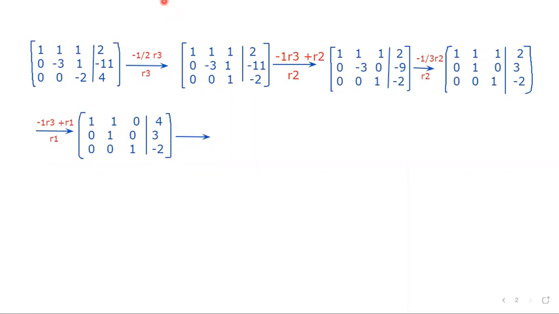I would say negative 1 row 2 plus row 1, and that's going to give us a new row 1. Okay, let's do it, and this is going to close us out.